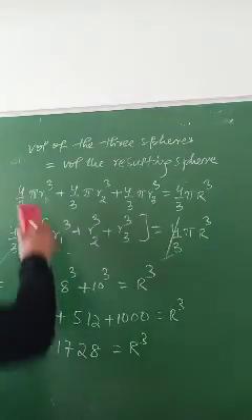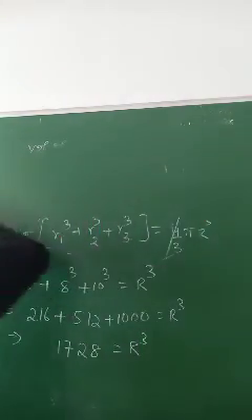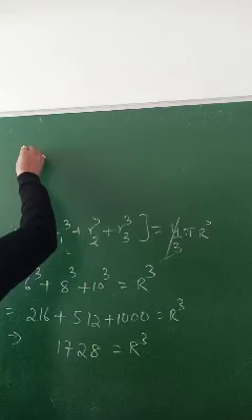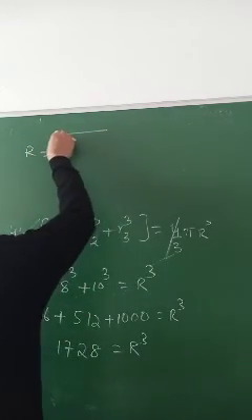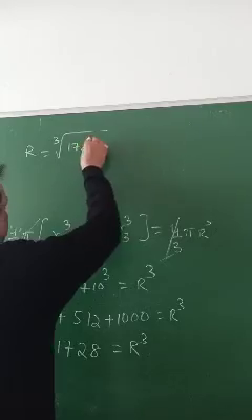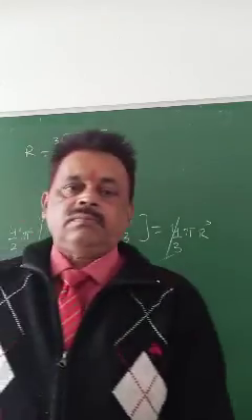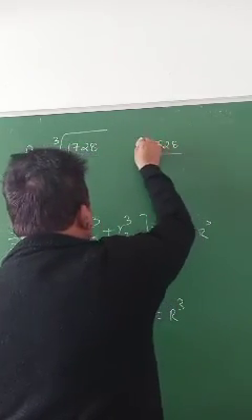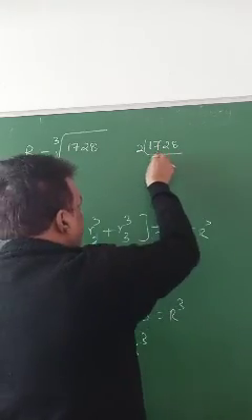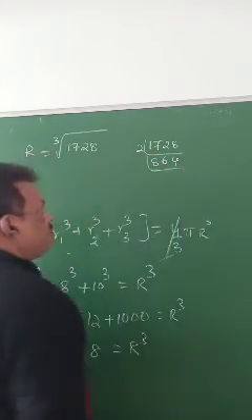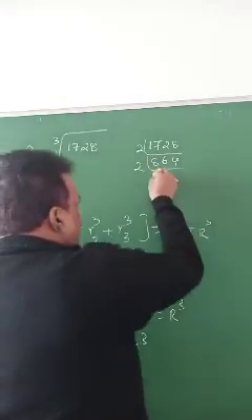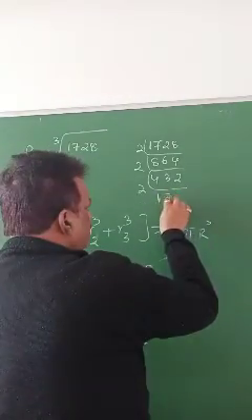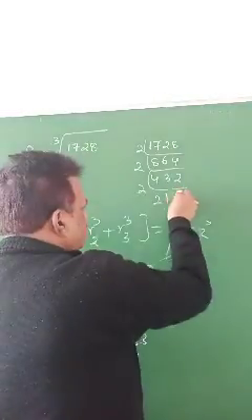So R is the cube root of 1728. So 1728 to 864 to 432 to 216.